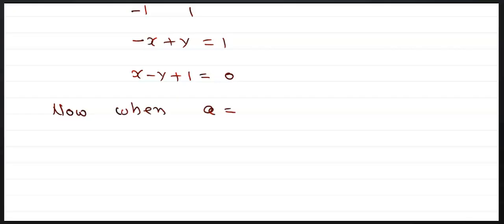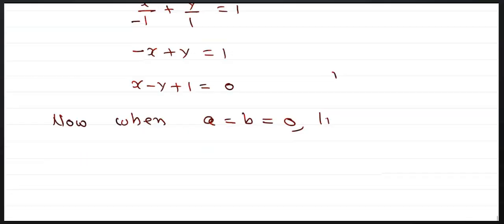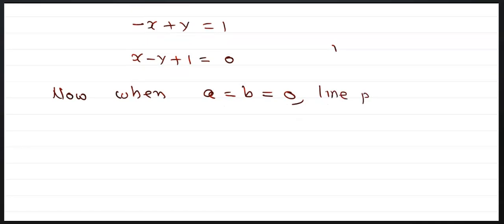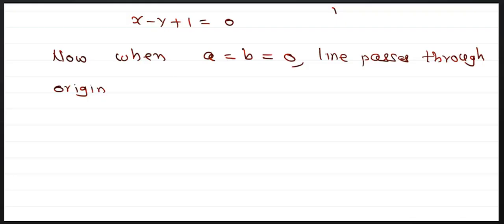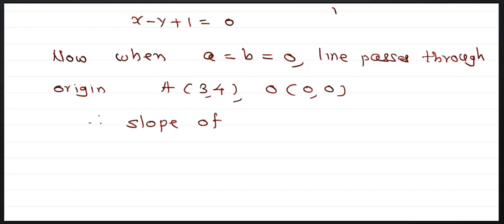And now when the intercepts are 0, the required line must pass through the origin. Therefore the point A is (3, 4) and O is (0, 0).